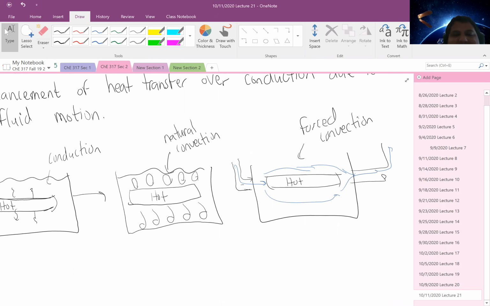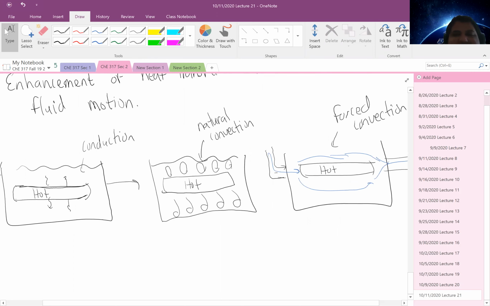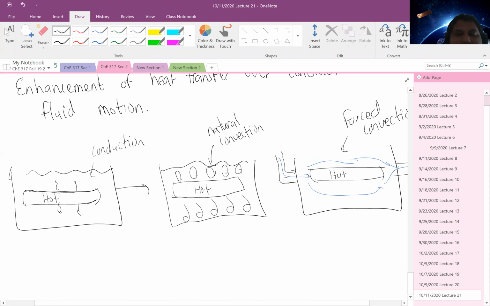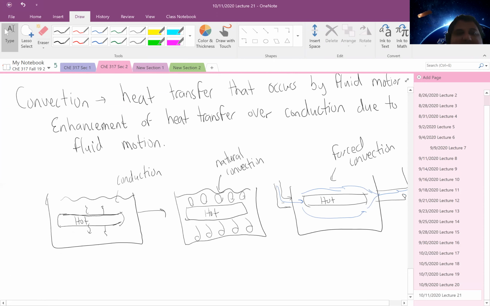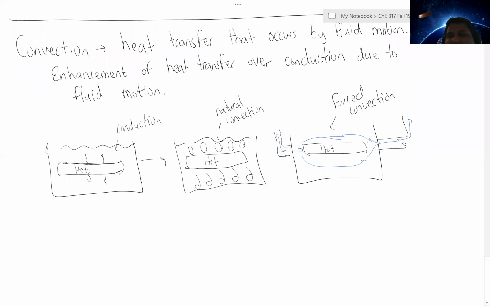And we find that forced convection will definitely have the highest rates of heat transfer as compared to natural convection and typical traditional conduction. And even natural convection will have better heat transfer than simply conduction. And so when we describe convection as heat transfer due to fluid motion, another way to consider it is as an enhancement over conduction due to the existence of fluid motion and fluid flow.